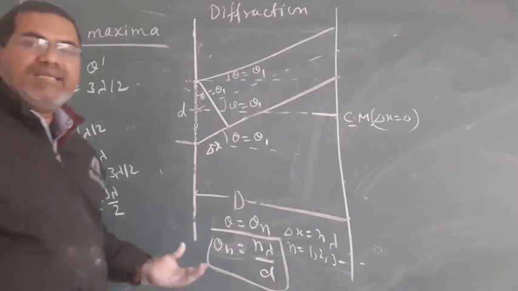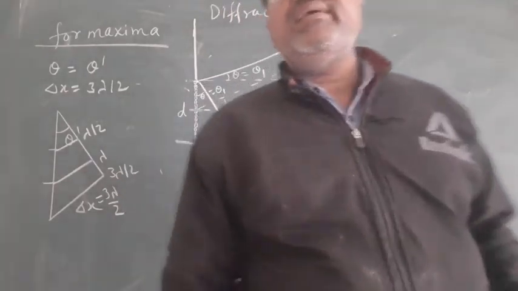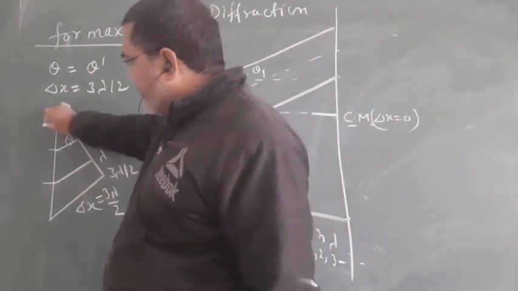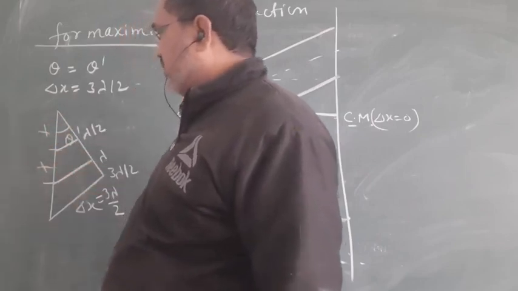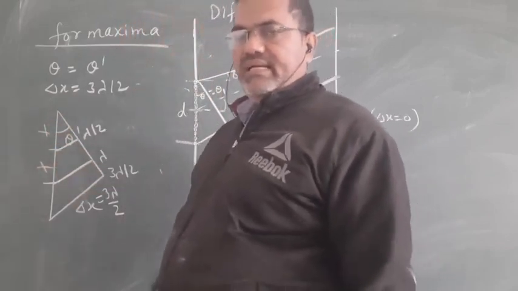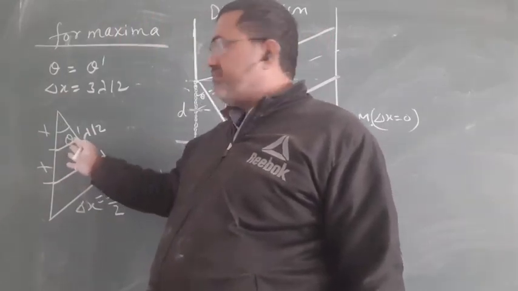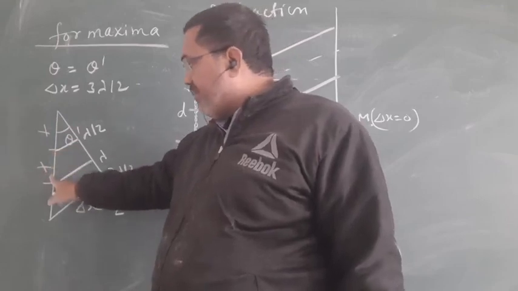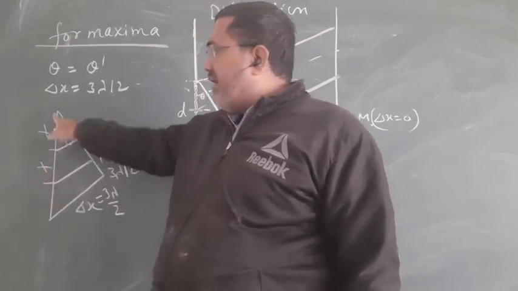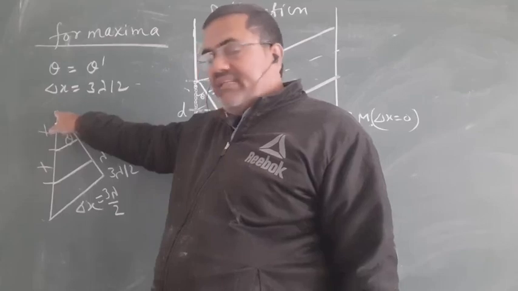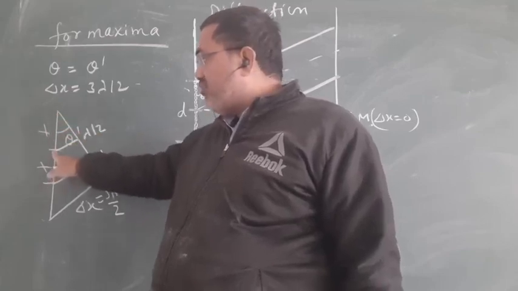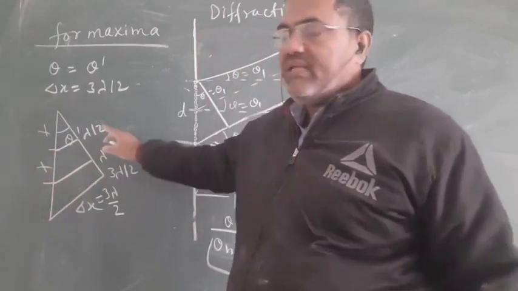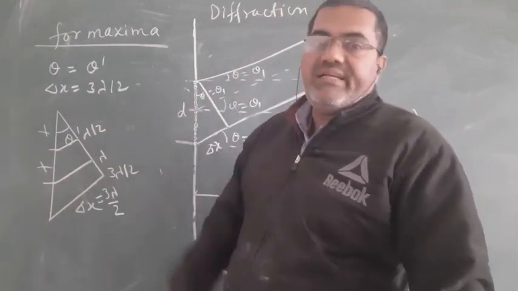If the path difference is 3 lambda by 2, then you will see here this portion is cancelled out. As previously we have seen, each particle of this portion has a corresponding particle in this portion, and these particles meet in opposite phase, so they will make minima at the screen.